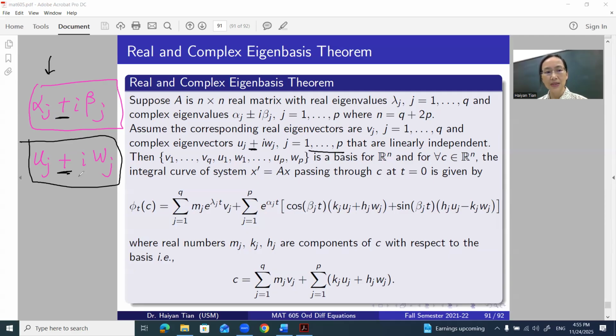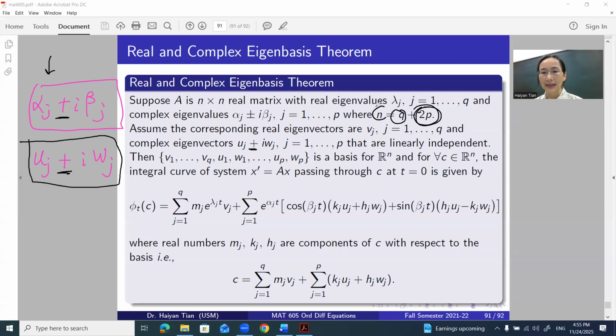If we have p pairs, that means we have 2p, the total number of complex eigenvalues, plus q, the total number of real eigenvalues.